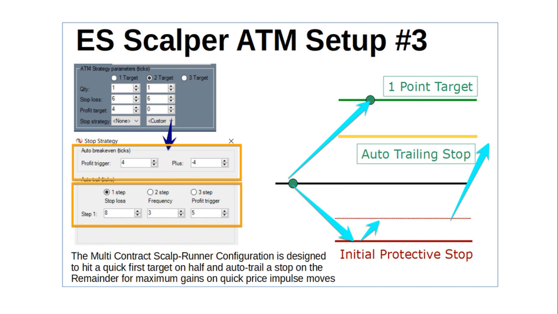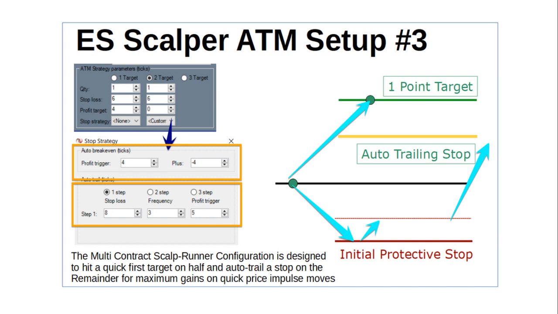Our stuff is very dynamic, right? Because as price moves, your stop starts to move, so you can't judge it by a strict 2-to-1 profit ratio. In other words, if your stop is 2 points away on 2 contracts, but your first target's only 1 point away, don't let that throw you off.